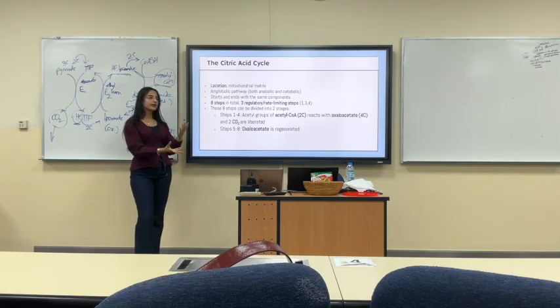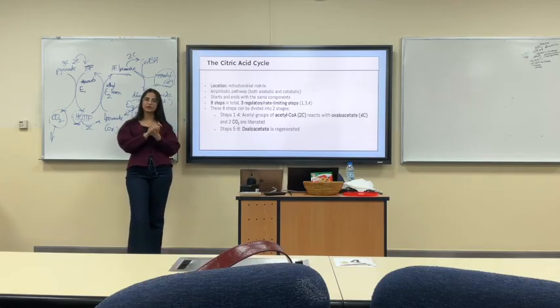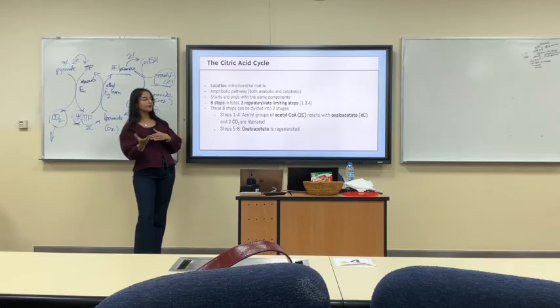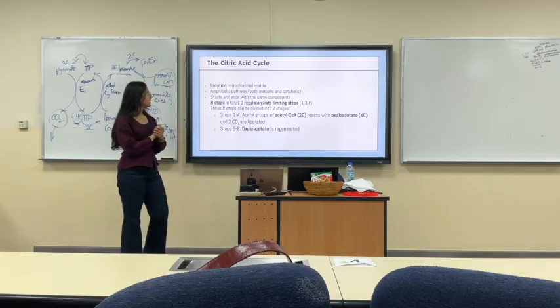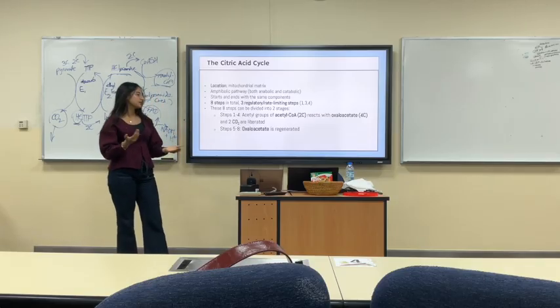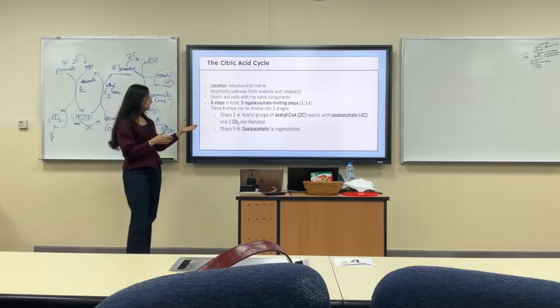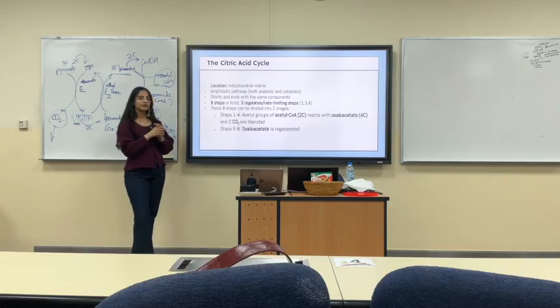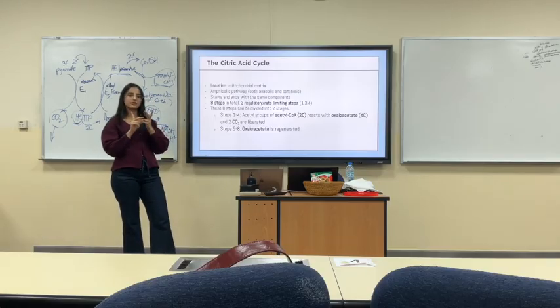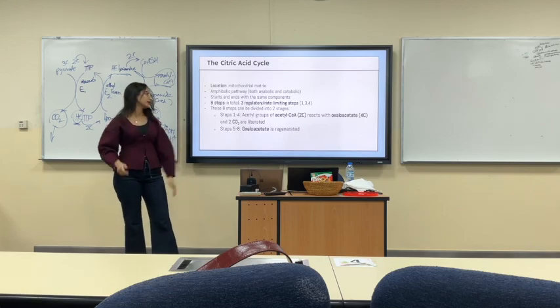Then, as we go on with the cycle, we break down this 6-carbon compound into a 4-carbon compound, so it is catabolic. This cycle starts and ends with the same component, obviously, because it's a cycle, and it consists of 8 steps in total, with 3 regulatory, rate-limiting steps: steps 1, 3, and 4, and we will explain why.